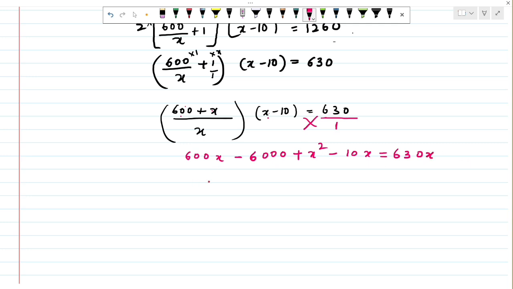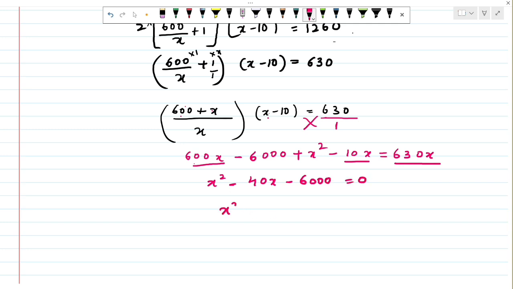So this becomes x square minus, so this is 40x. I'll take this as 600x minus 10x and 630x. So this becomes 600x and this plus 10x becomes 640. So 640 minus 600 is minus 40x and this minus 6000 remains as it is, which is equal to 0.